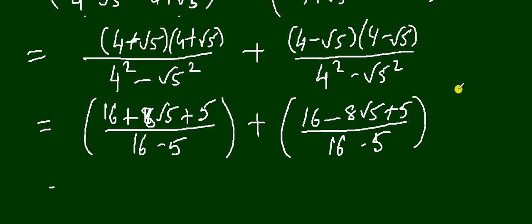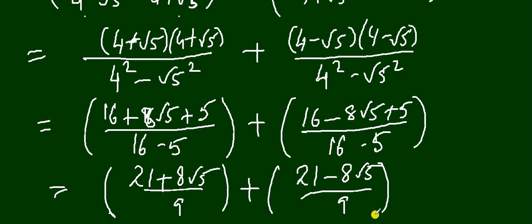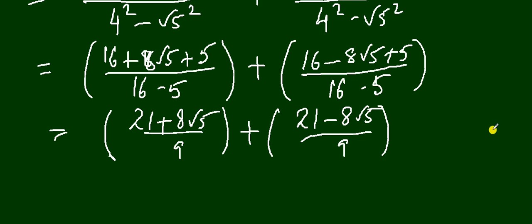Now, what will my numerator here give me? 16 plus 5 is 21 plus 8 root 5 over 9, plus 16 plus 5 again 21 minus 8 root 5 over 9. Okay. Now, if you would have observed one thing, our denominator has already become rational.